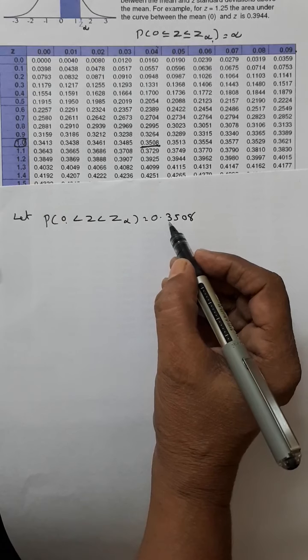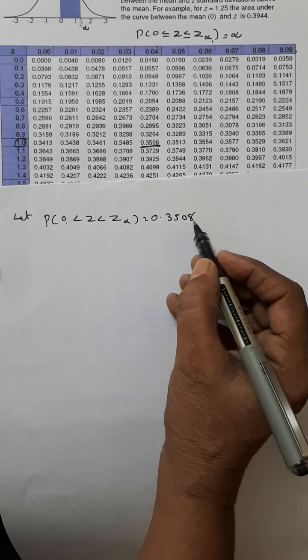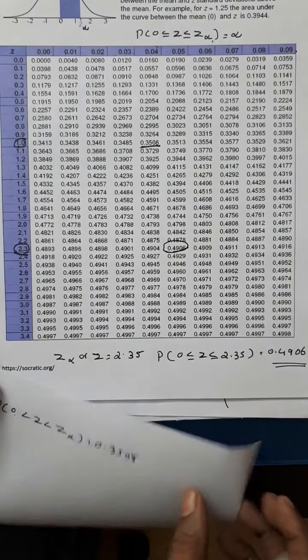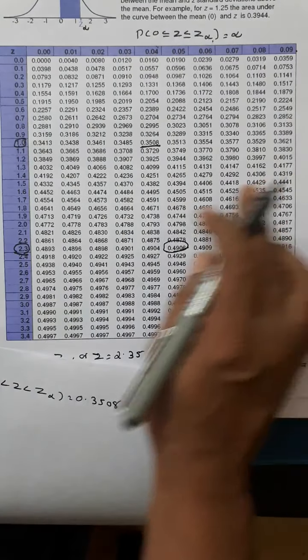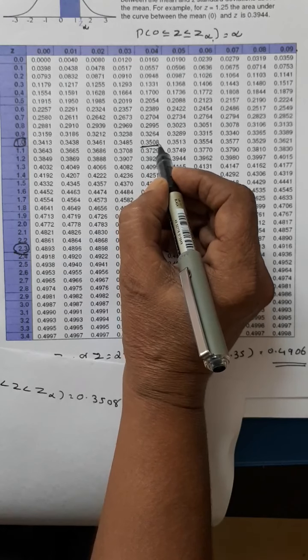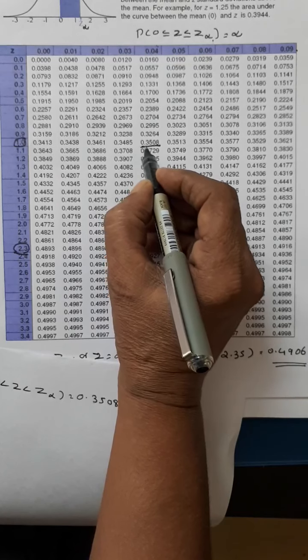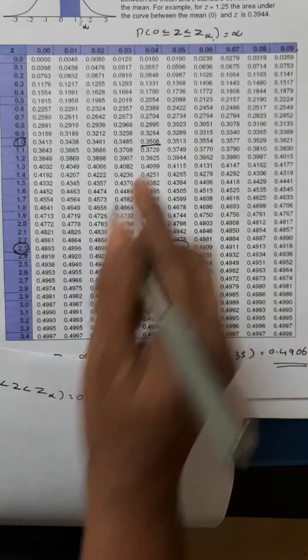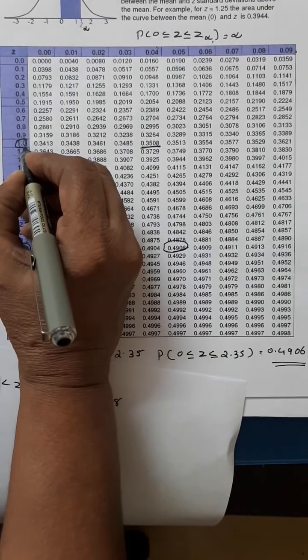Search for 0.3508 in this standard normal table. By searching, we reach here, 0.3508.